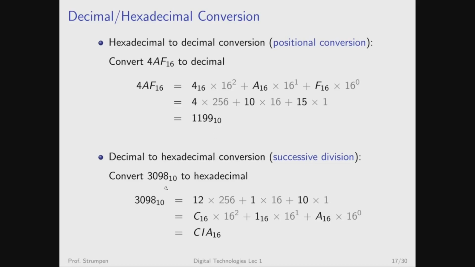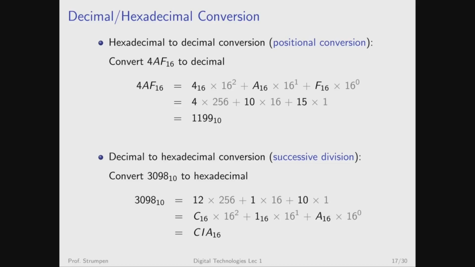As I demonstrated before, if we are given a decimal number 3098 and want to convert it to hex, we start by finding the largest power of 16 that fits into 3098. There is one complication compared to binary conversion.